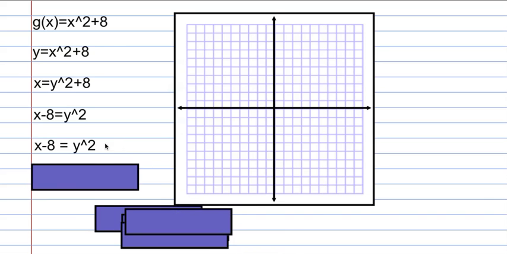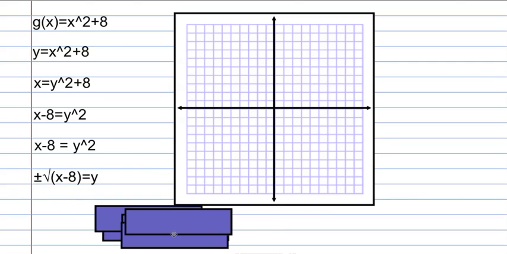And I forgot to add in here that we needed to take the square root of both sides. Okay, the step is here. Square root of both sides, so whenever you put a square root, you have to put a plus minus sign here.